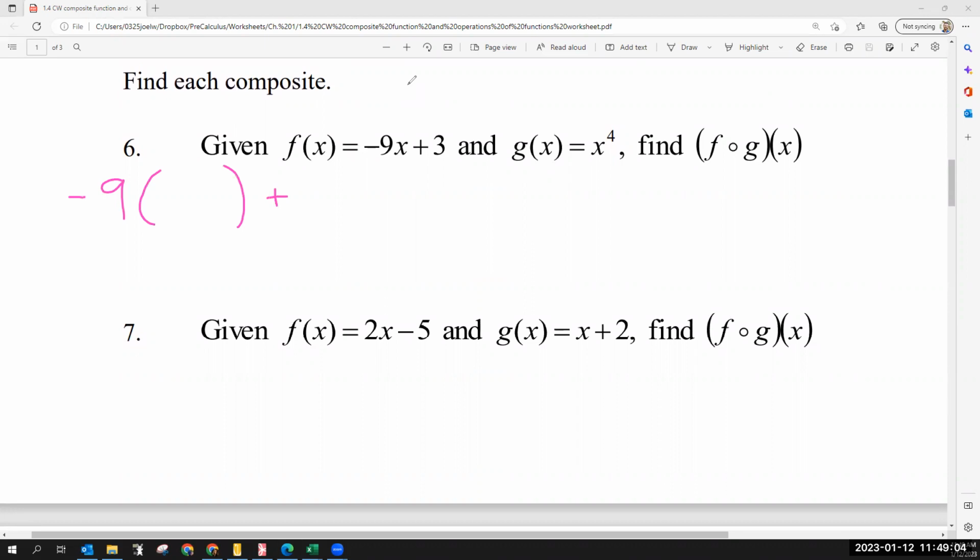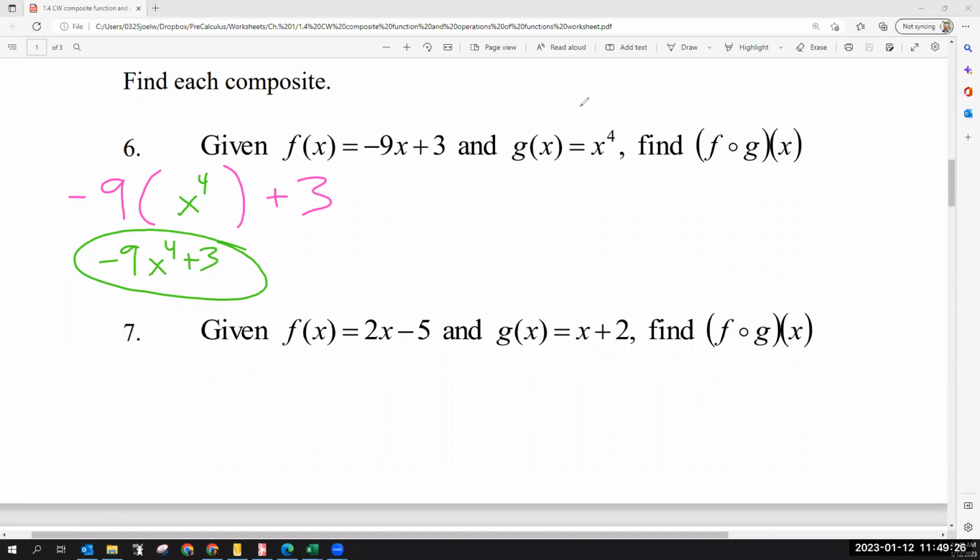Put parentheses where the x is. So some of these require very, very little simplifying. This one right here, I just put the x to the 4th in, and I'm done. -9 x to the 4th plus 3. That was it. Nothing I can do to simplify that any further.